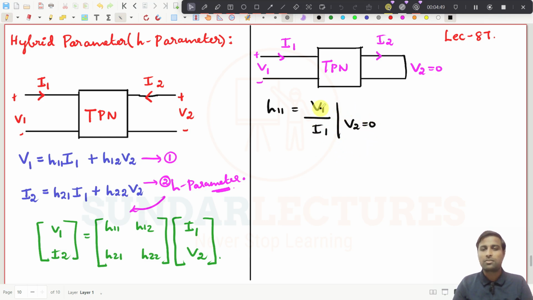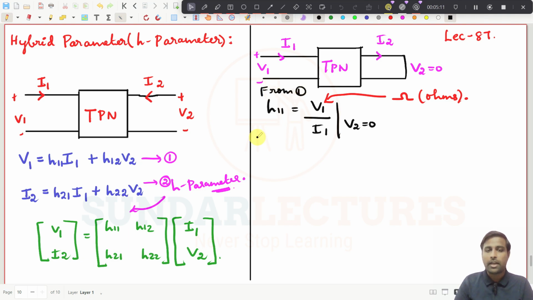And what is this one? V1 by I1, you will obviously get this equation. What is the unit? V by I, it will be ohms, right? Ohms. This is from equation 1. And from equation number 2, what will you get?